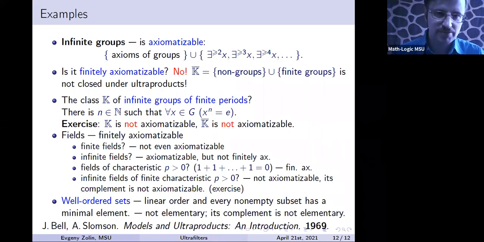Do you have any examples of mathematical structures that belong to room number 4, but not to rooms number 2 and 3, and of course not to room number 1, finitely axiomatizable? And there is some more interesting theory about this hierarchy and so on. Okay, so this is the end of the lecture, and we can discuss some questions if we have any.